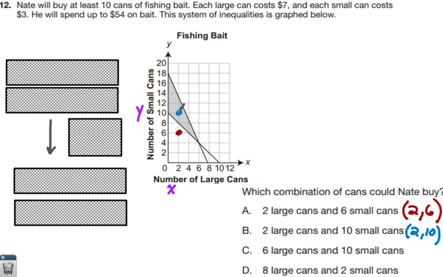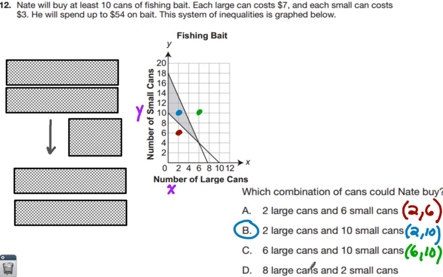So I'm saying it's B. But why not double check? Why not check out C and D just to make sure? 6 large and 10 small. So basically, is (6, 10) in the shading? Nope.